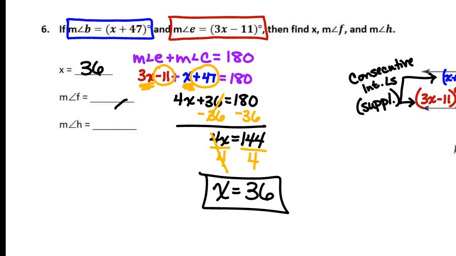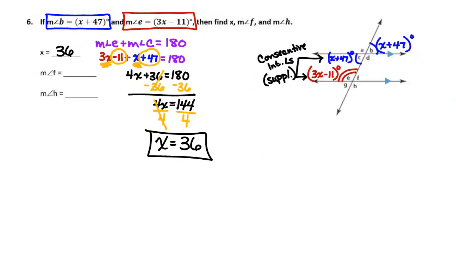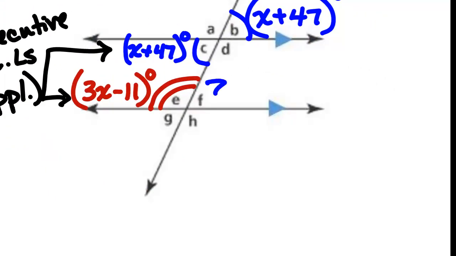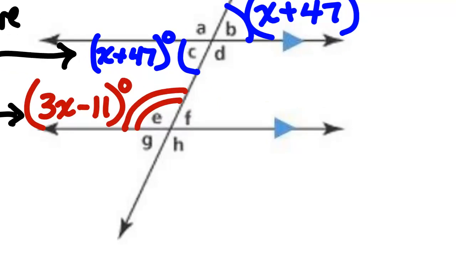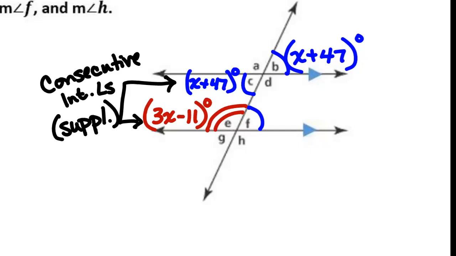All right, then we have to find angle F and angle H. Well, here's angle F. I need to find something that's the same size as that so that I can sub in and figure it out. What's the same size as F? G, but also angle B. What's the name for this pair right here?